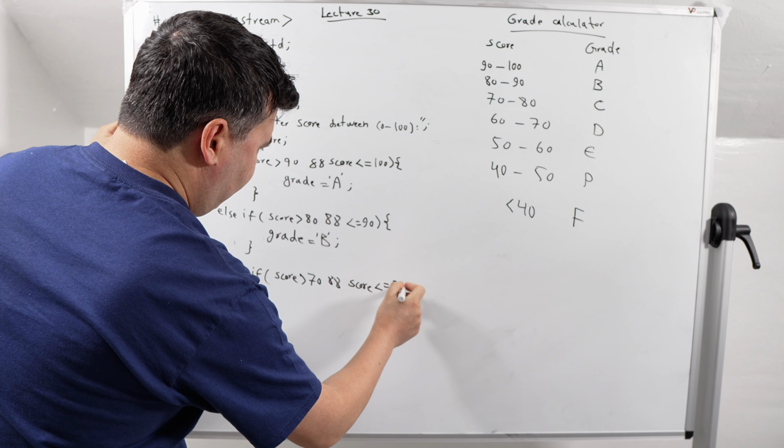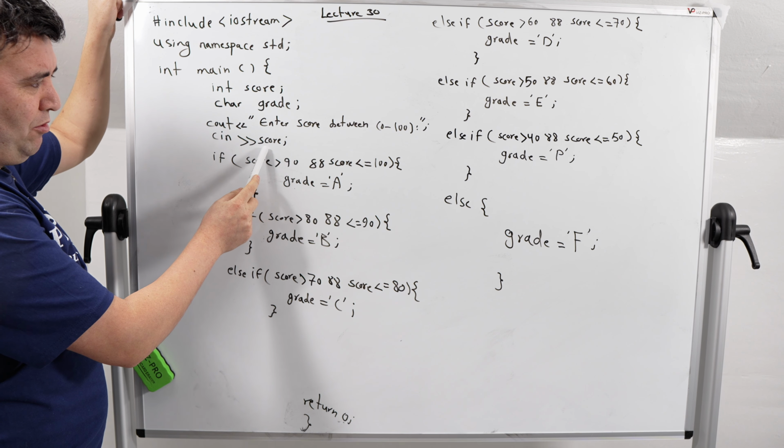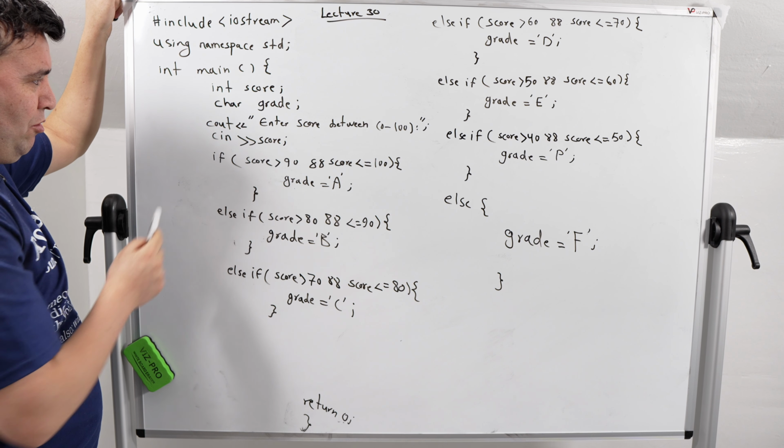So this is a grade calculator program. First, we need to declare two variables. One is integer score, another is char grade. So we have two variables, score and grade. So we ask the user to enter a score between 0 to 100. And then whenever the user enters the score, we store that input inside the score variable.